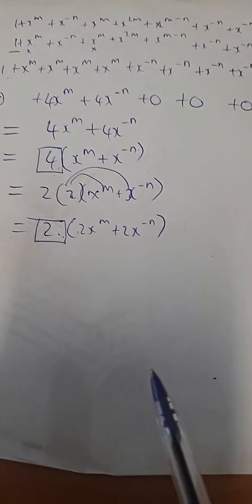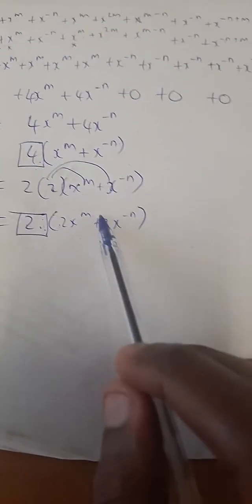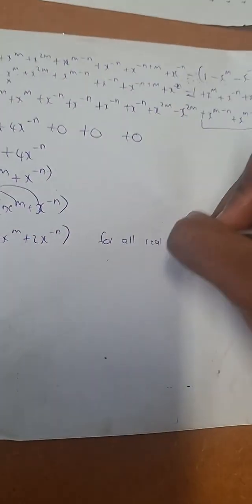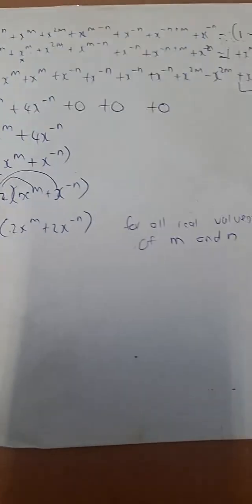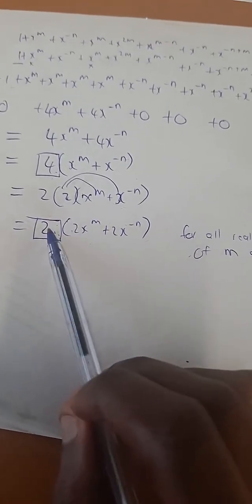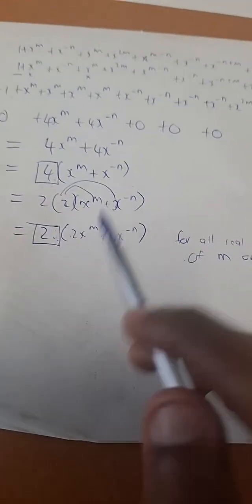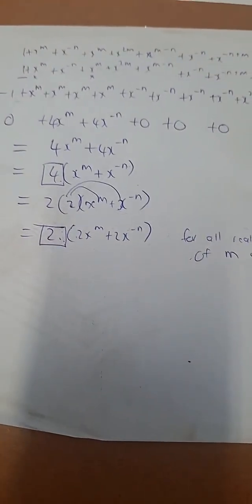Does that make sense, guys? For all real values of what? Of m and n. That means m and n can be any real number. Whatever you get inside this bracket multiplied by 2 is going to be an even number, and that even number is divisible by 2.